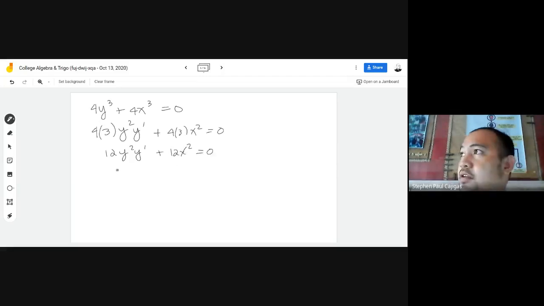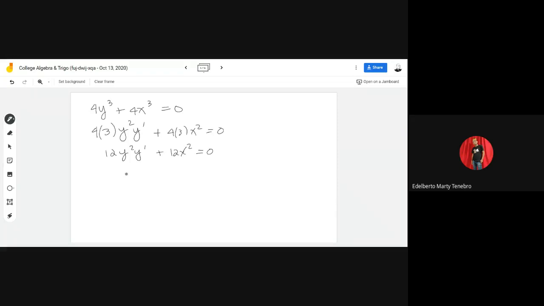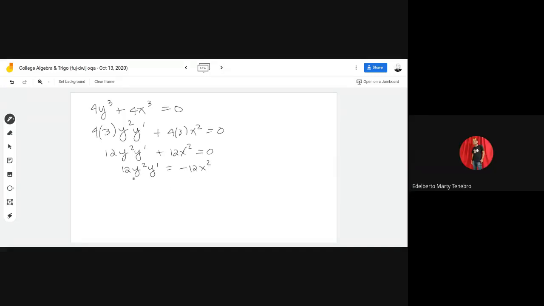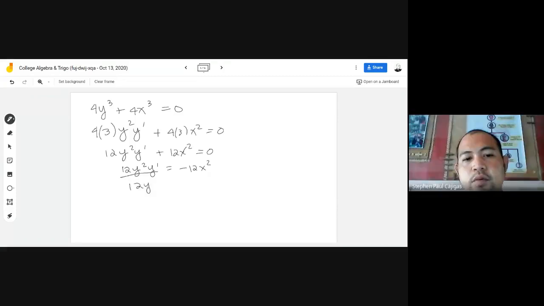Next, transpose the x squared, so it becomes negative 12x squared. Then divide both sides by 12y squared.